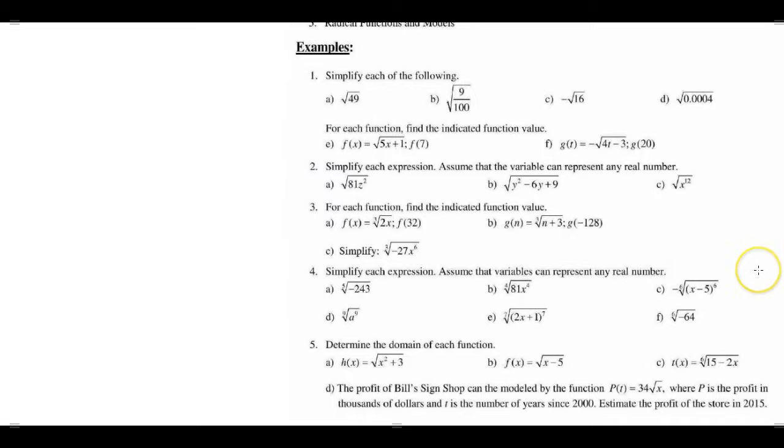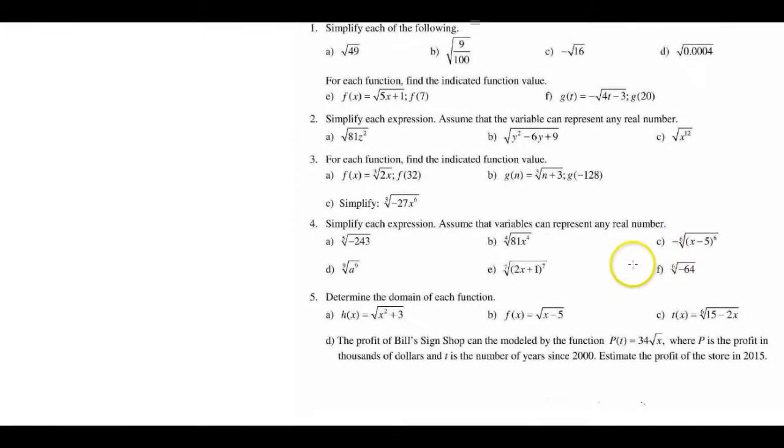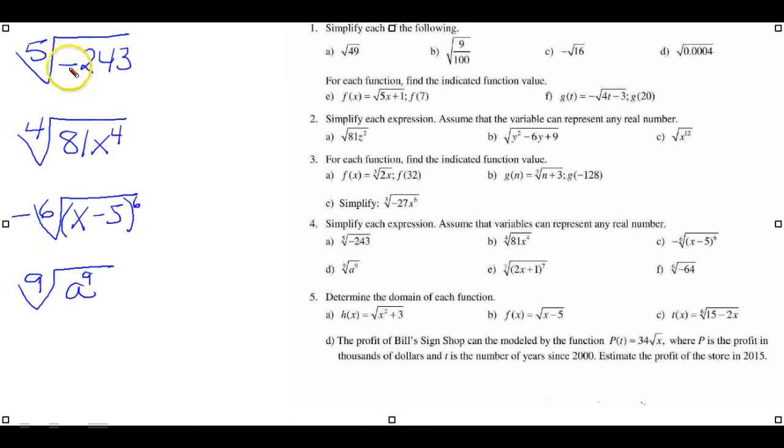All right, let's continue. We're going on to simplify each expression. Assume that any variable can represent any real number. So here we need to use, if needed, absolute value signs. So let's raise it up our last bit and write these out first.